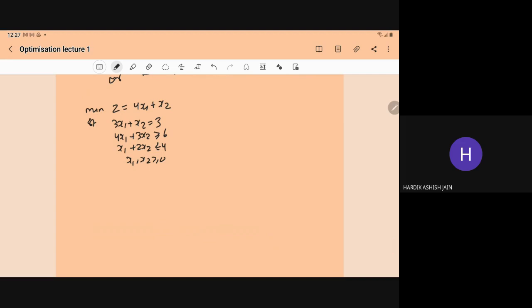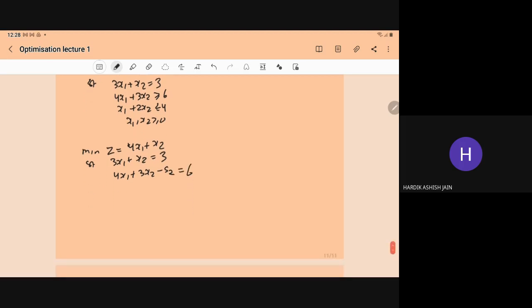First we have to make this in standard form. Minimize z equals 4x1 plus x2 subject to 3x1 plus x2 equals 3, 4x1 plus 3x2 minus s2 equals 6, then x1 plus 2x2 plus s3 equals 4.